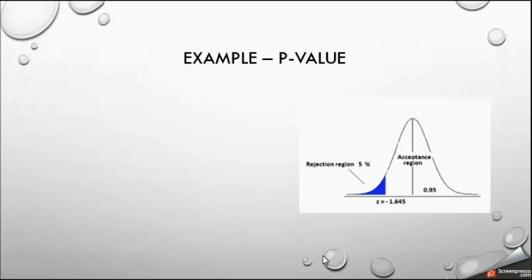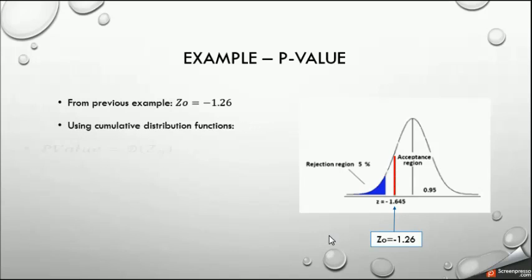Also, we can use the p-value methodology. Now we have Z0 equal to minus 1.26, indicated by the red line here. What is the p-value?